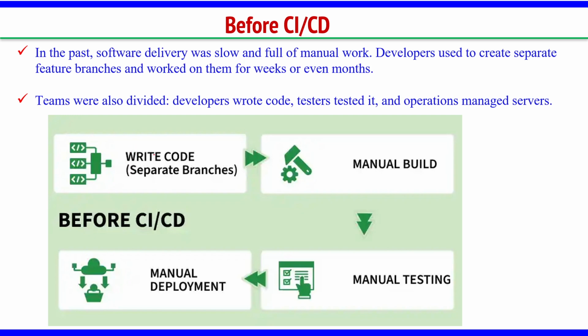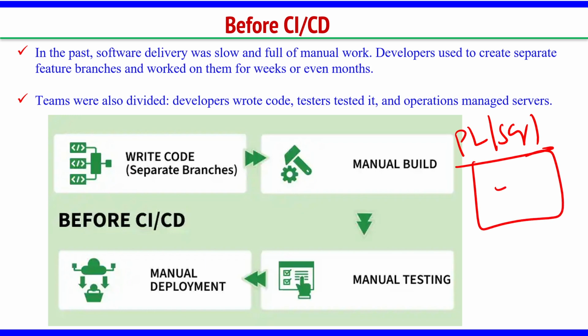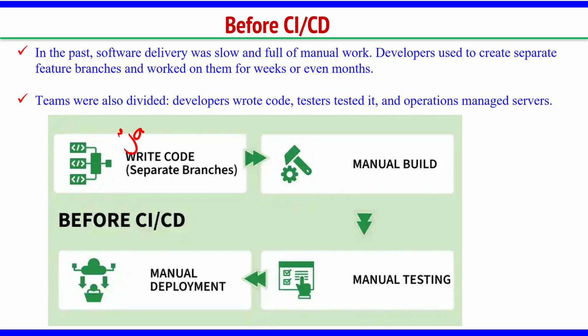We used to write code in separate branches. Then manual build, there was no automatic build, I used to build it manually using commands. And then manual testing and manual deployment, everything was manual. Let's take the example of a PL/SQL procedure. In this procedure I made some change, but PL/SQL we don't deploy basically, so let's say I wrote one Java program.